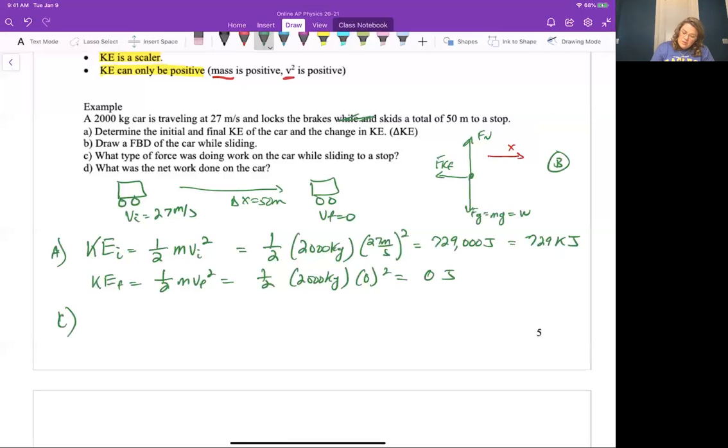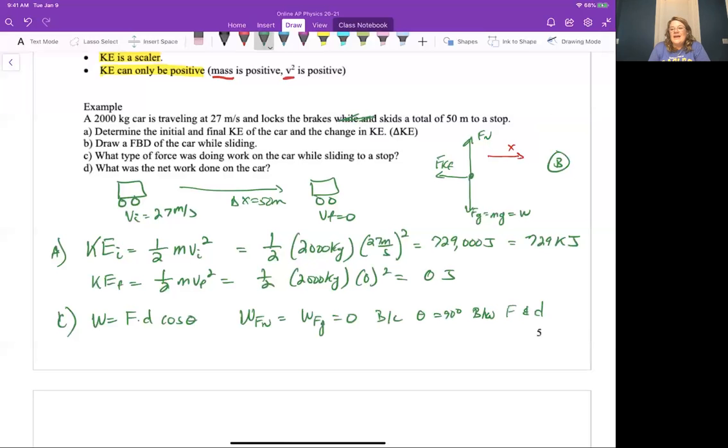C. What type of force was doing the work on the car while sliding to a stop? Remember what work is: work is equal to force times distance times cosine theta. Did force normal do any work? No, because theta is equal to 90 degrees between the force and the displacement. If I'm traveling to the right, force normal is straight up, that's 90 degrees.